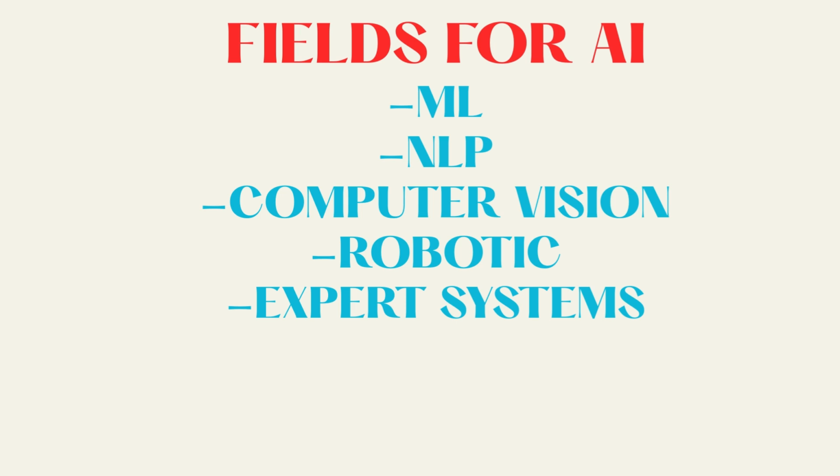The next branch is robotics, in which we talk about physical movement and controls. And the last and foremost important is expert systems, in which artificial intelligence is provided with higher knowledge, which is only subject or domain related. For example, a doctor's knowledge, an engineer's, a law system.